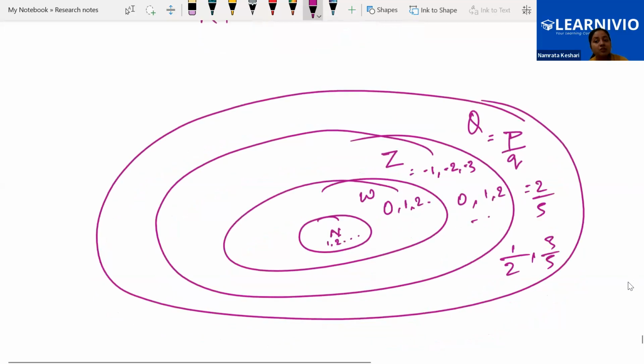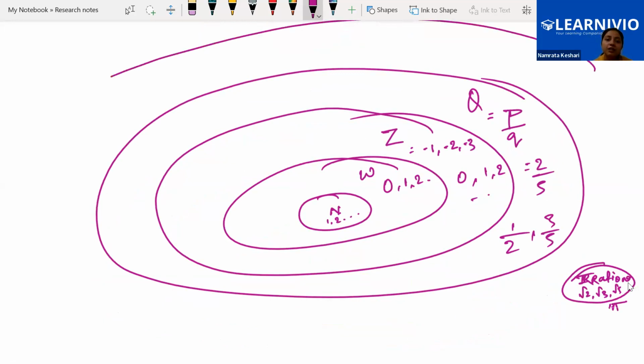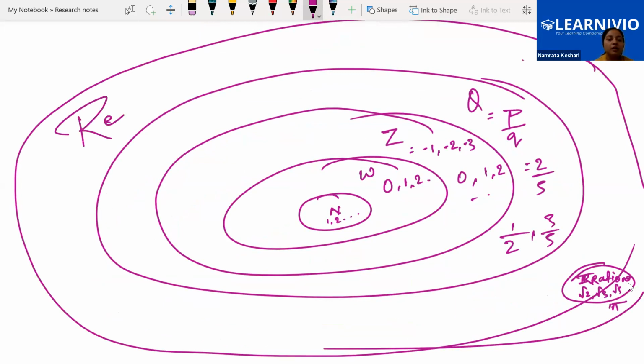Now what is an irrational number? Irrational numbers are the numbers which are not rational. For example, √2, √3, √5, pi. These are the examples. Everything comes inside the real world, that is, real numbers.